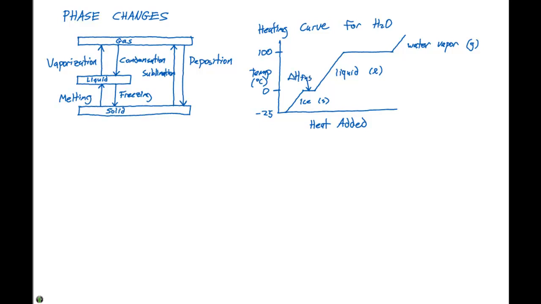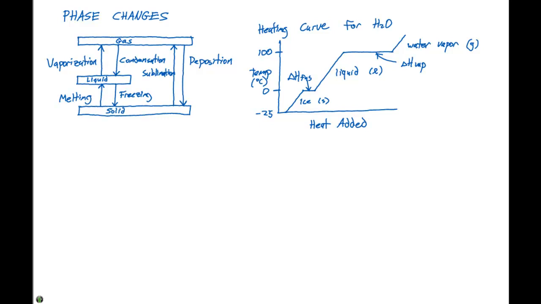And when we go from a liquid to a gas, this is going to be called the heat of vaporization, or the delta H of vaporization. So we need to define what each of these terms are and relate them to the aspects of this heating curve.